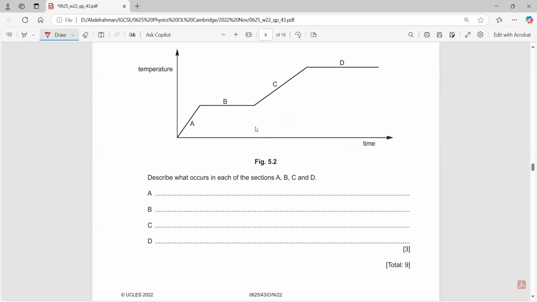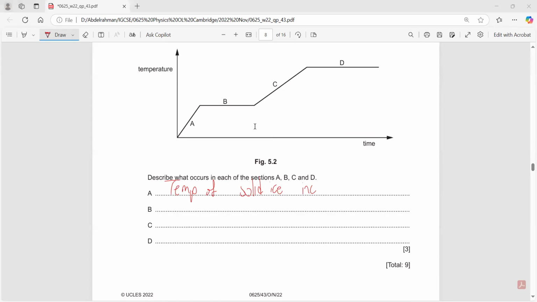Yes, that's quite easy. In A, what's happening to the temperature of the ice? The temperature of the ice is increasing. You can say the temperature of the solid is increasing as well. In B, what's happening?